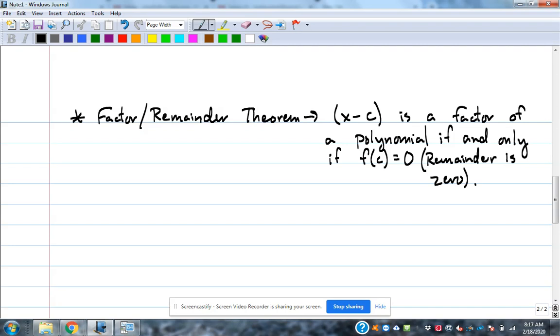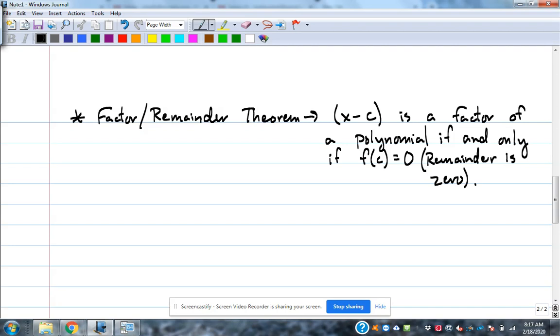So the factor and remainder theorem opens up this idea that if we can do the synthetic division for a problem and get a remainder of 0, then we can decide if something is a factor or not, and that can help us break up a larger polynomial down into polynomials that we are more equipped to deal with.